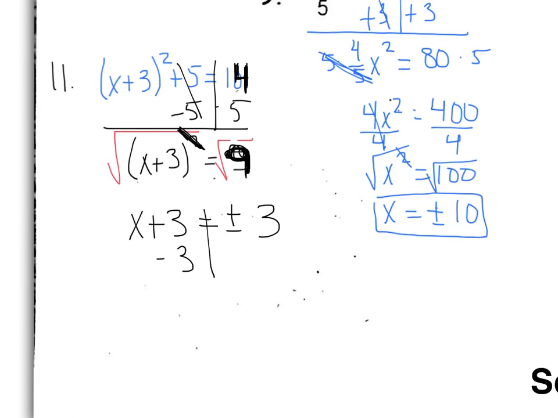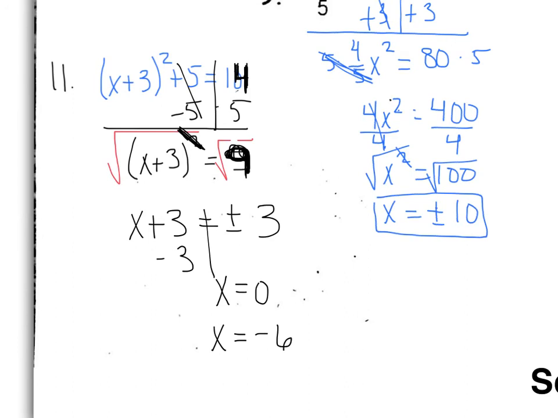So 3 minus 3, you get x equals 0. And if you subtract 3 from negative 3, you get negative 6.